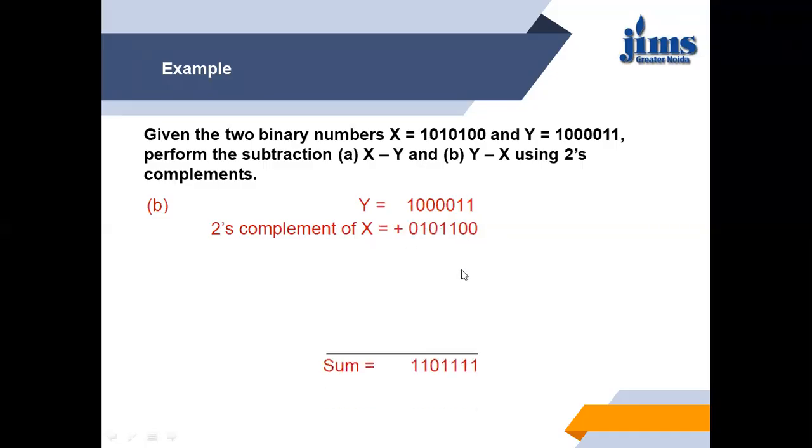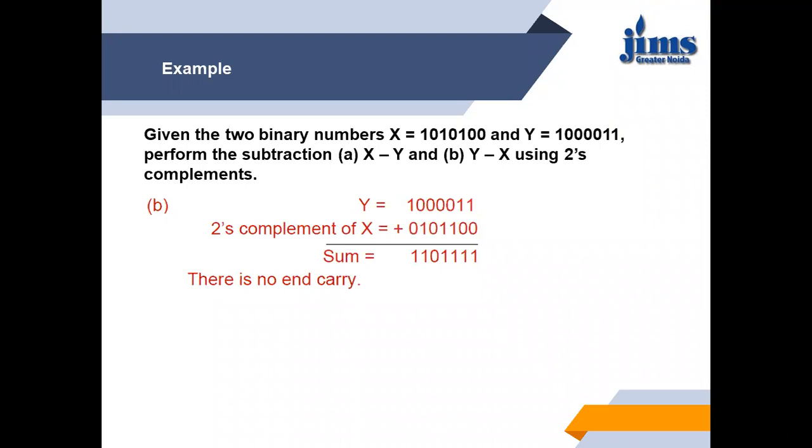I simply add it: 1 plus 0 is 1, 1 plus 0 is 1, 1 plus 0 is 1, 1 plus 0 is 1, 0 plus 0 is 0, 1 plus 0 is 1, 1 plus 0 is 1. So the number of digits is 1, 2, 3, 4, 5, 6, 7. So there is no carry.